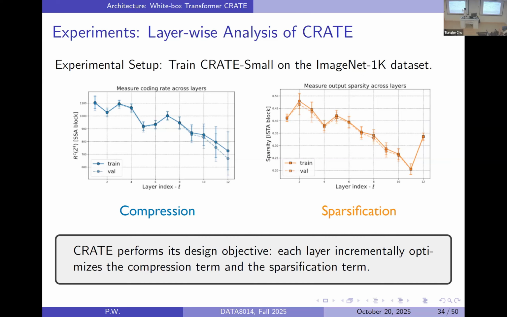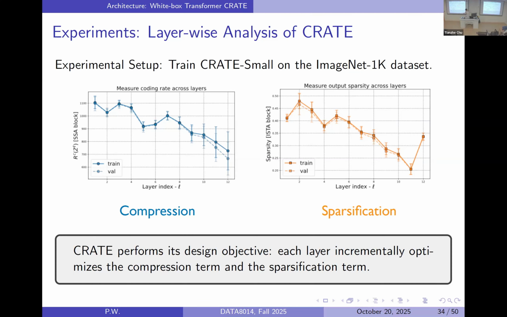And also the sparsification: as the iteration goes, this is to measure the sparsity of the block. You can see as the layer index increases from like 2 to 12, in general the trend of this sparsity metric is decreasing, from the original sparsity 0.5, and finally at the 10th, 11th layers, it decreased to 0.2.